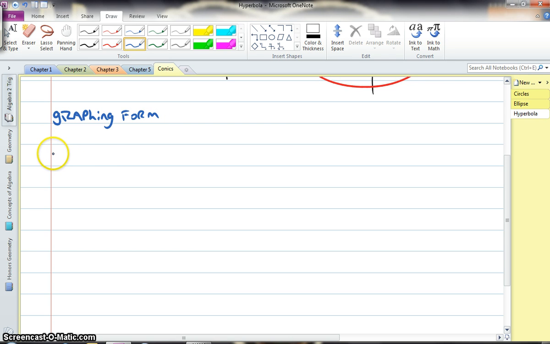The first one is going to look similar to an ellipse, the opposite: x minus h over r sub x, the semi-minor or major, squared, plus y minus k over r sub y squared equals 1.